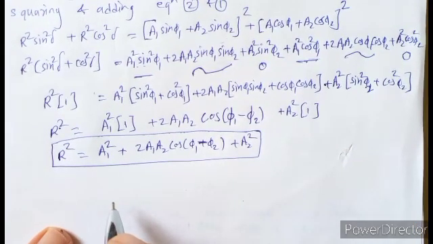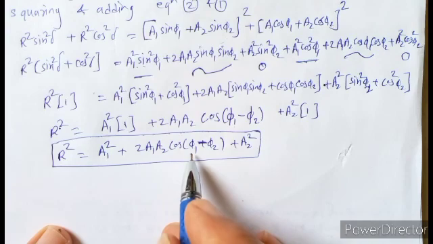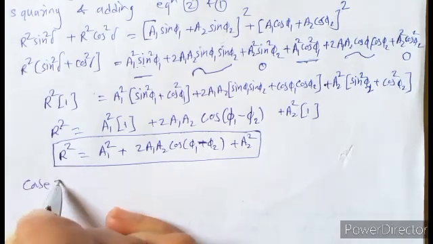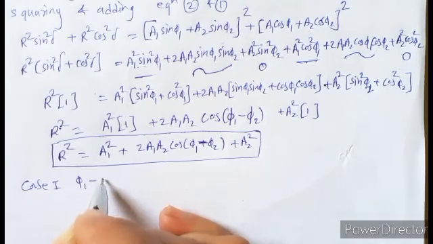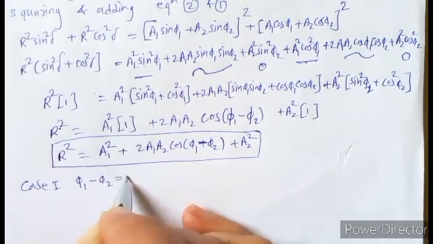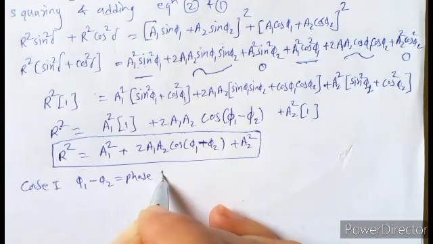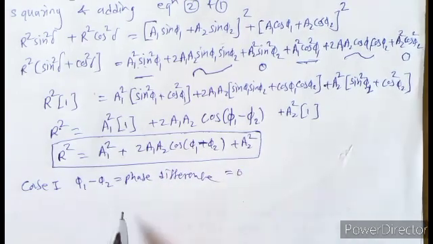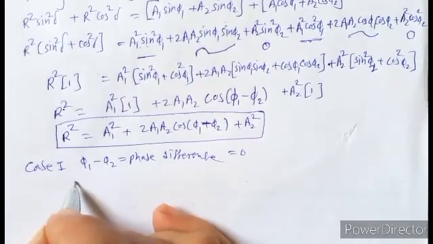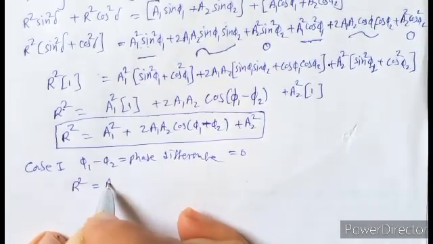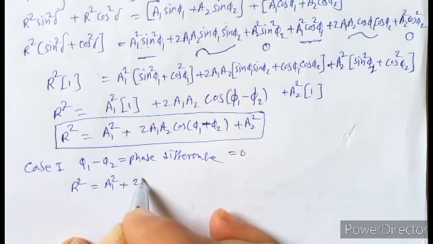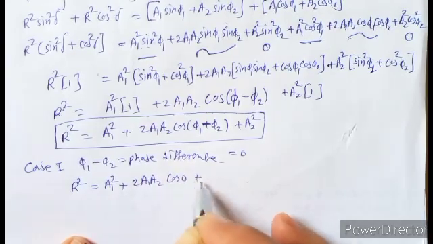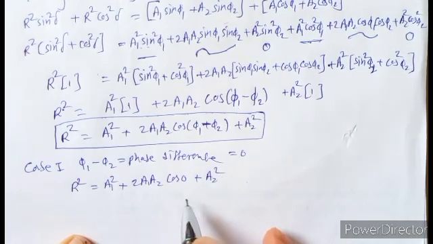Now we apply the different phase differences, that is case number 1. If phi 1 minus phi 2, that is the phase difference, is 0, at that time the resultant amplitude r square is equal to a1 square plus 2 times a1a2 cos 0 plus a2 square.